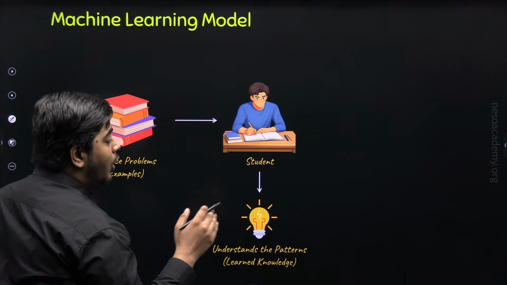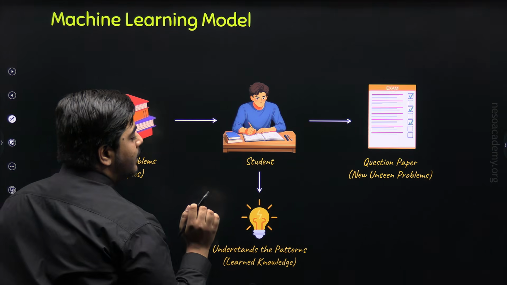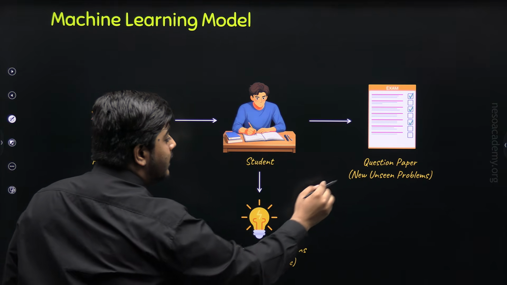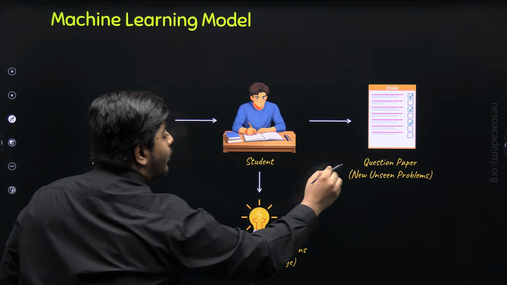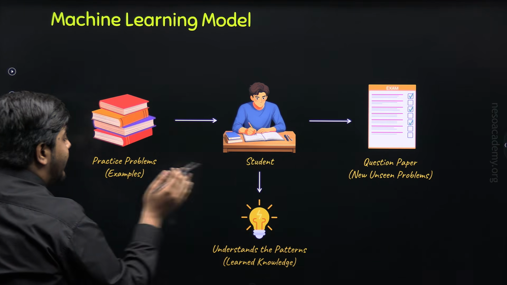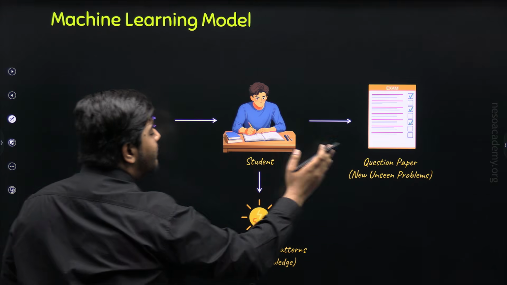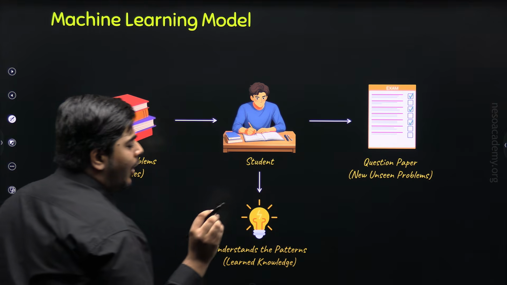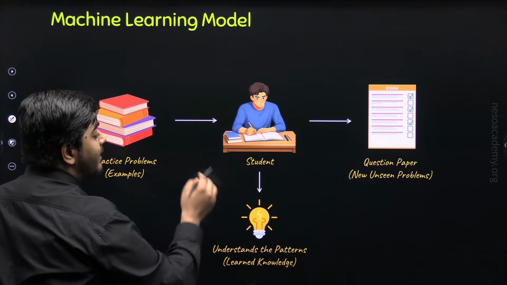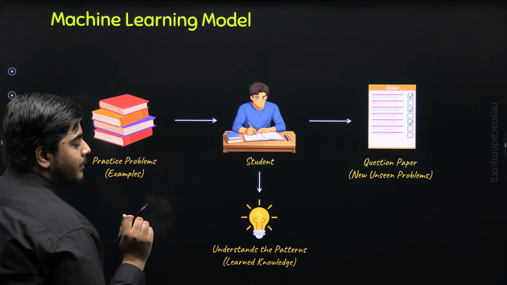Now, tomorrow, on the day of examination, the student gets a question paper which contains the new unseen problems. That means the question paper does not contain any problem from these practice problems. All the problems are new and unseen problems. Now, do you think this student will be able to solve these unseen problems correctly?